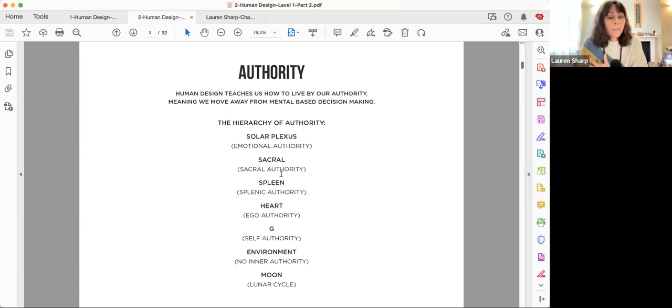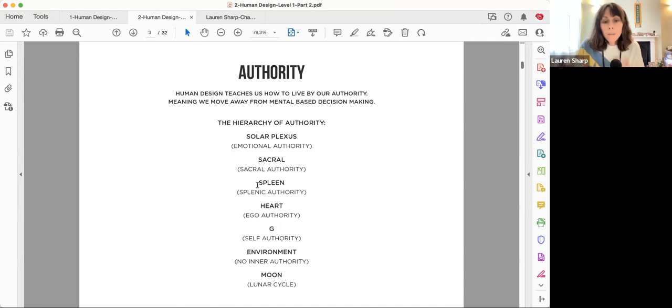It's all about how you feel. Sacral, if you don't have an emotional wave, that's in your gut. That doesn't mean that if you have an emotional wave, you won't feel it in your gut. Sacral is like, you've got to lean into how you feel in your gut. So if you have that as your authority, you've really got to push into it. Just like if your solar plexus is defined, you've got to push into your emotions. You've got to sit with it. You've got to really ask yourself.